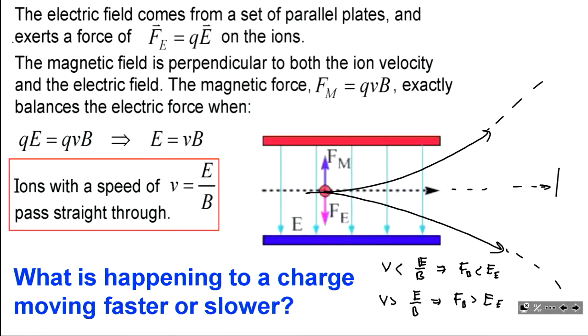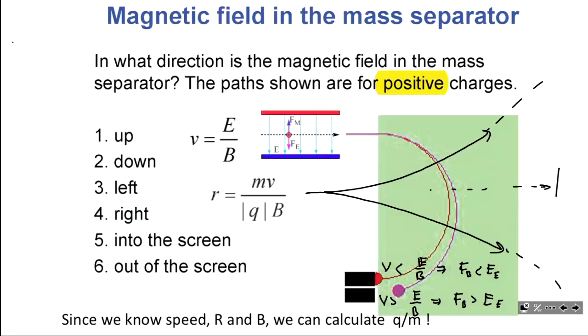That's why this device has a name, a velocity selector, because by manually changing magnetic field and electric field, we can set speed to the value we want and have only charges traveling at that speed passing through this device. And what can we do next?